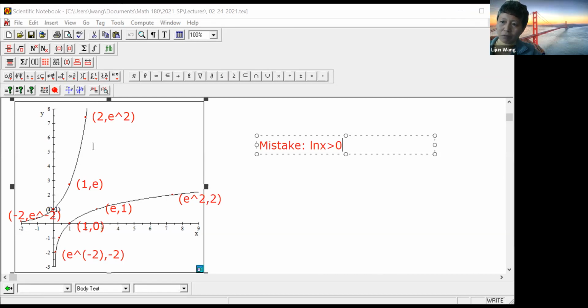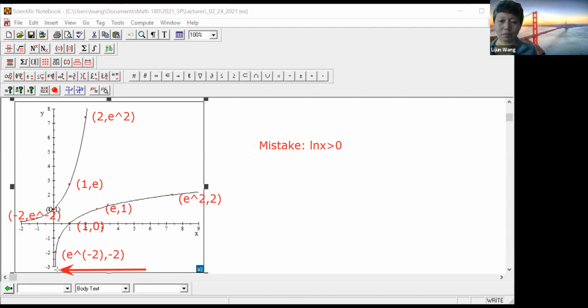Now let's see. We have fully analyzed e to the power x, as x approaches infinity and so on. So let's see what happens for ln x. When x is approaching 0, first of all, x cannot approach negative infinity because the domain must be greater than 0. The domain for ln x is that x must be positive.